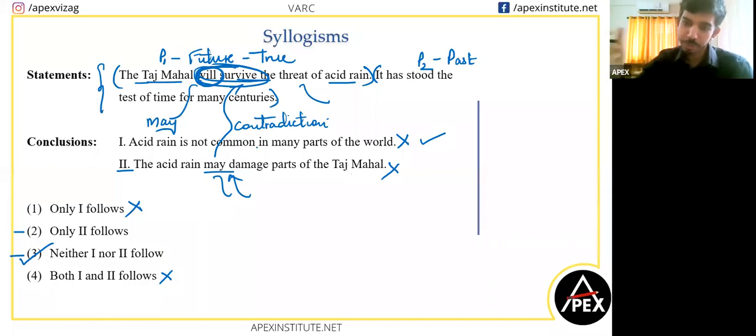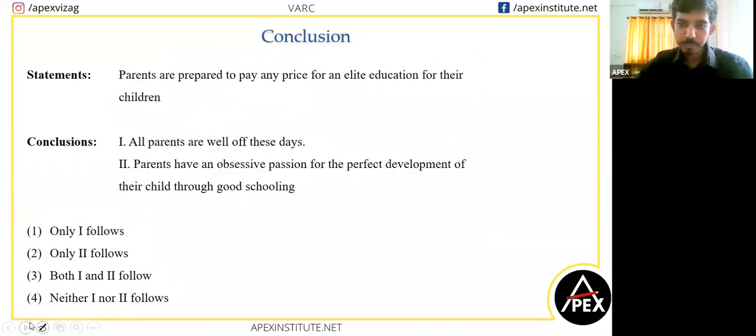Good doubt and good situation also, which you have said. Good.